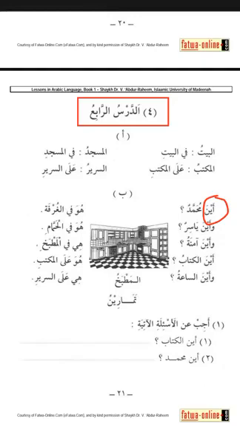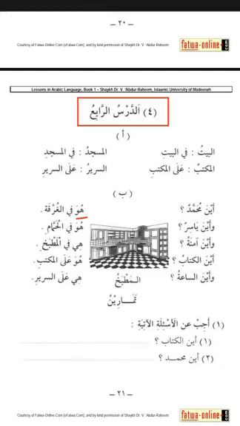Another one is aina, where. We have learned ma, what, man, who, and now we are learning aina, where. So now, aina Muhammadun, where is Muhammad?